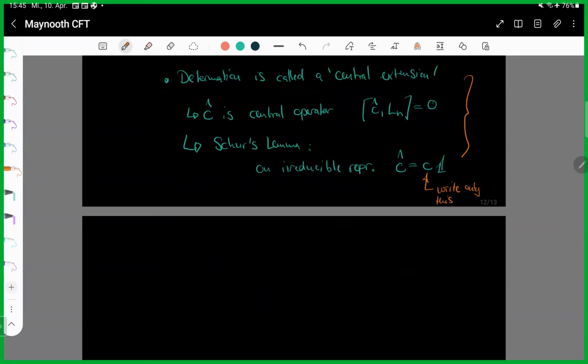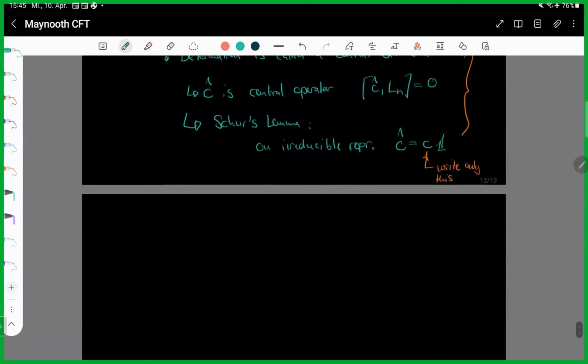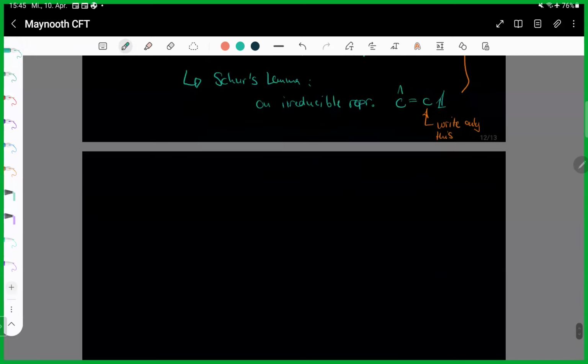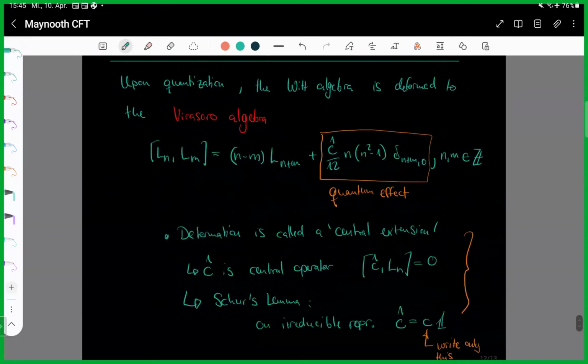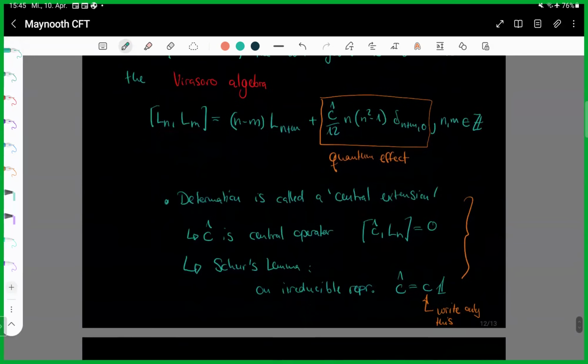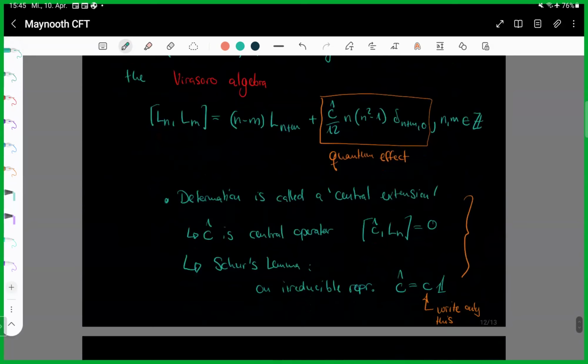So this is what I'm going to do in the future. I'm not going to write C hat. And the next thing, so if you take a look at the deformation, you see that when n is 0, the deformation vanishes, right?